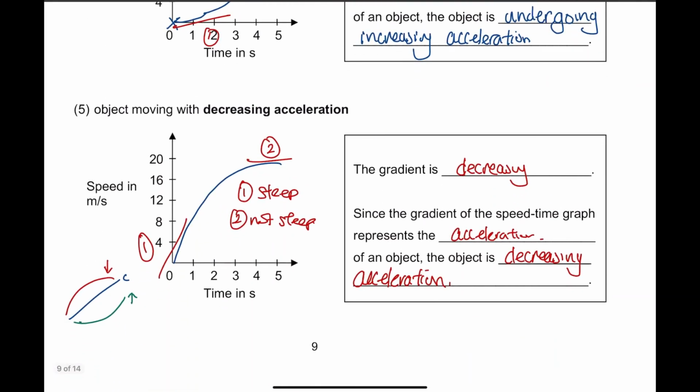Whereas for a decreasing acceleration, you can see that the gradient down here, part 1, is very steep. Part 2 down here is not so steep. So we learn again that the gradient of a speed time graph is decreasing. It means that the acceleration value is decreasing. So the object is undergoing decreasing acceleration. It gets faster but just at a slower rate.